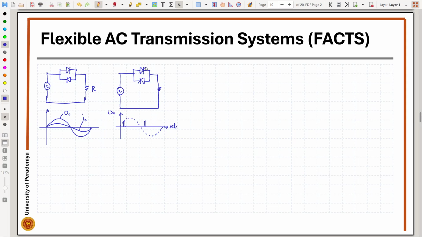If I mark, this is T1 and this is T2. So this is the T1 firing signal, this is the T2 firing signal. Then what we are going to see is the output voltage like this. Then this would be our output voltage, and our output current waveform would be in the same shape.